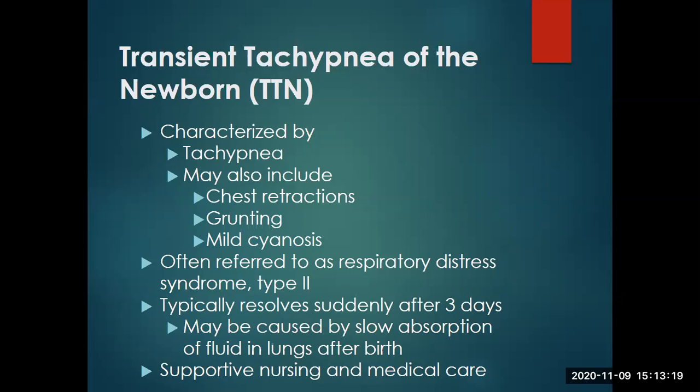And the distinctive feature of this condition is that it typically resolves suddenly after 3 days. The transient tachypnea of the newborn is thought to be caused by incomplete absorption of the fluid in the lungs after birth. And treatment is going to be supportive, providing warmth, energy conservation, and also supplemental oxygen to the newborn.